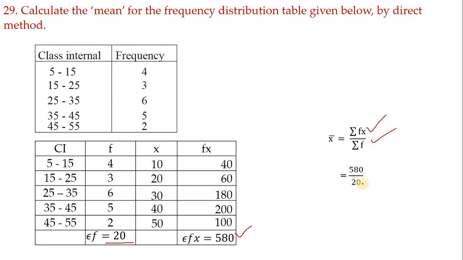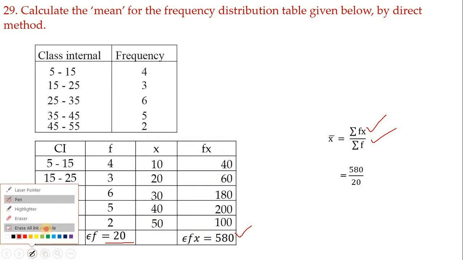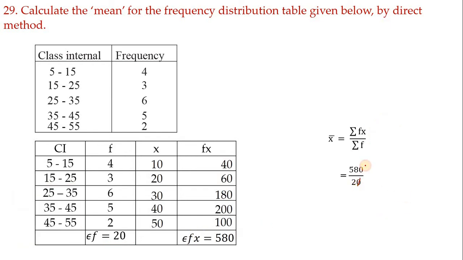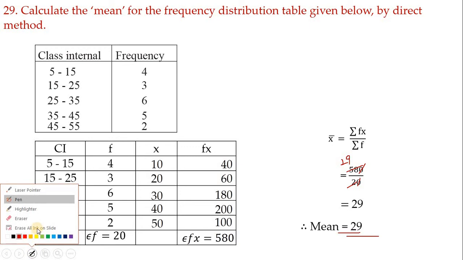So we get 580 by 20. Now let us simplify this. Here 0 and 0 get cancelled. Next, 2 twos are 4, 1 is remainder, so 18 will be there. 2 nines are 18. So our answer is 29. Therefore the mean is 29.